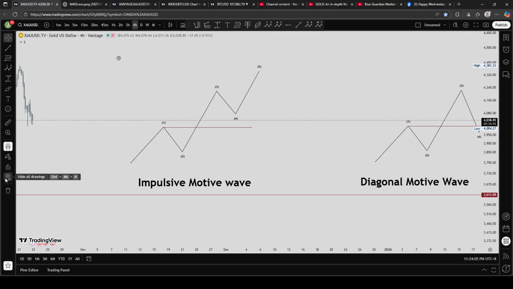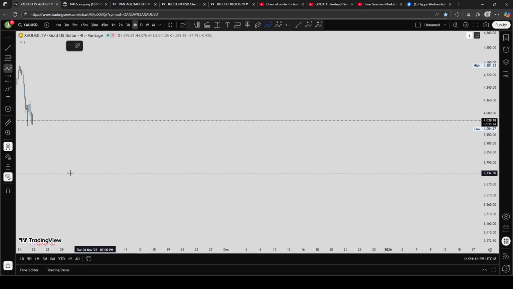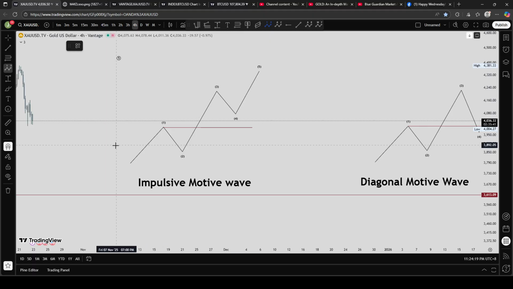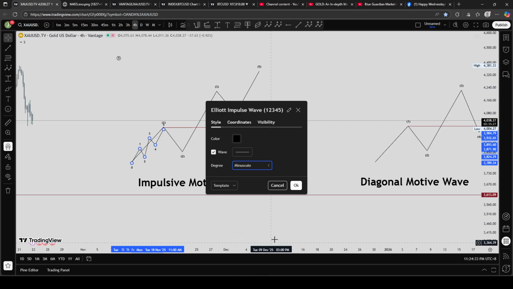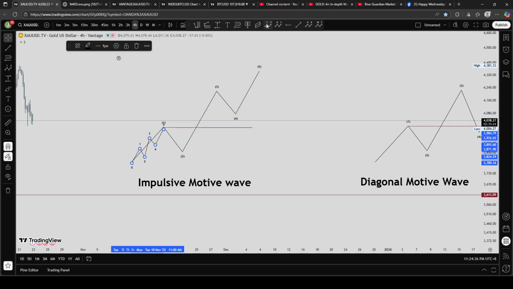In other words, assuming this is the higher time frame view, the lower time frame view will give you fractal waves, and these fractal waves would be the internal waves of wave 1, 3, and 5. And it should be 1, 2, 3, 4, 5, and then another 1, 2, 3, 4, 5, and then another 1, 2, 3, 4, 5 here.